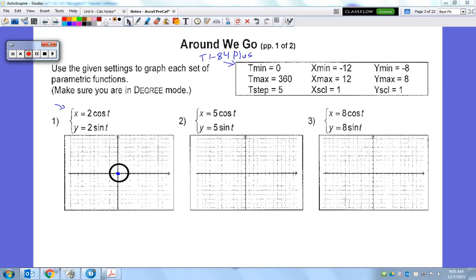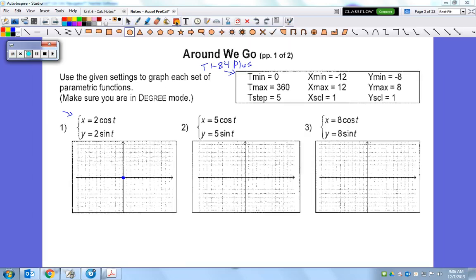It's a little bit off. I'll move it over. There it is. Okay, so with a radius of 2, so left 2, up 2, ultimately it would look something like that.